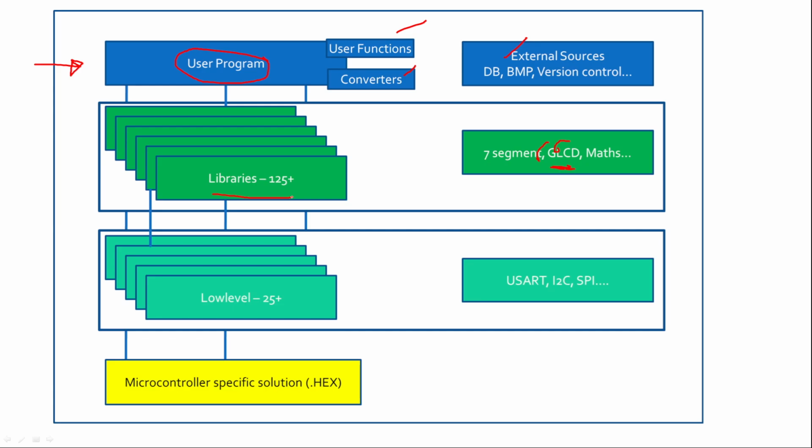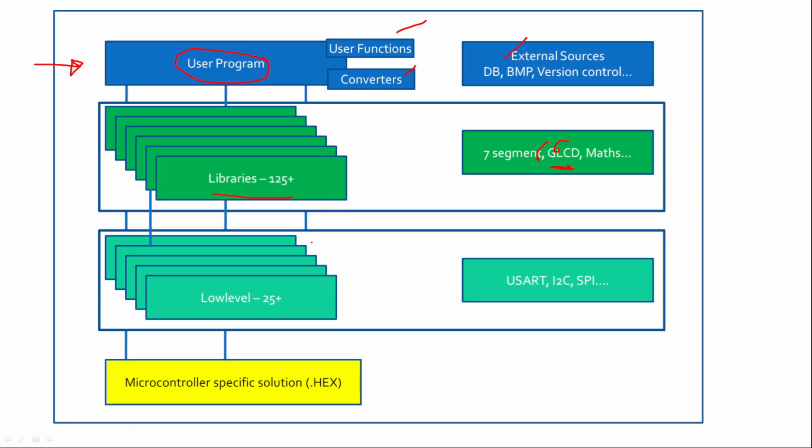And we're going to see a number of libraries being used in these demonstrations, certainly the GLCDs and the maths. We're going to see them in use. Once you've included them, then you extend the capabilities of the language and therefore your program.